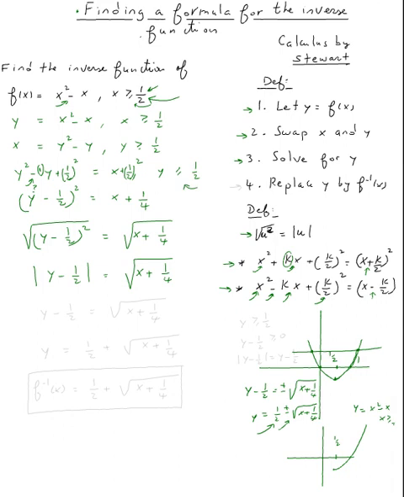Let me write it here. y bigger or equal than 1/2 means y minus 1/2 is bigger or equal than 0. And remember, when a number is nonnegative, its absolute value is just itself. So we get y minus 1/2 equals the square root of x plus 1/4.